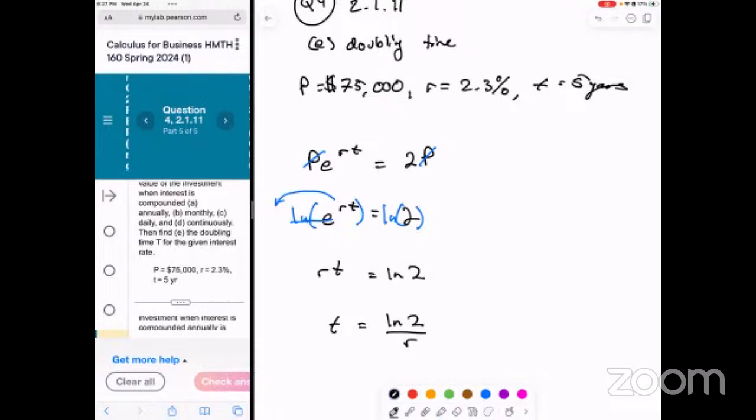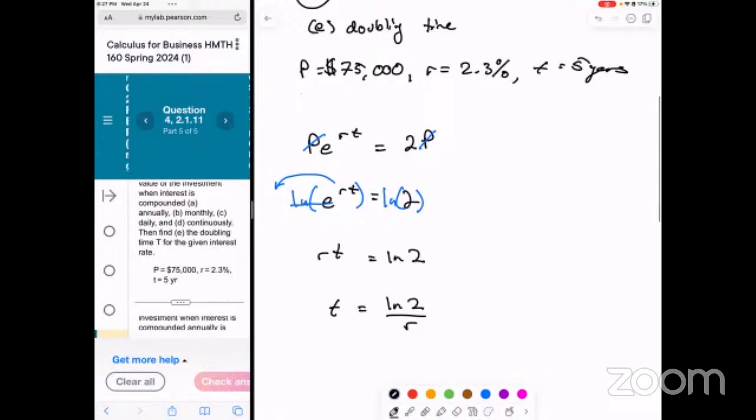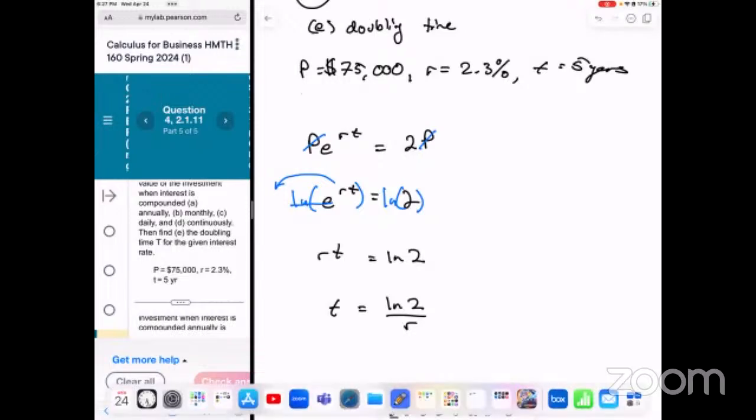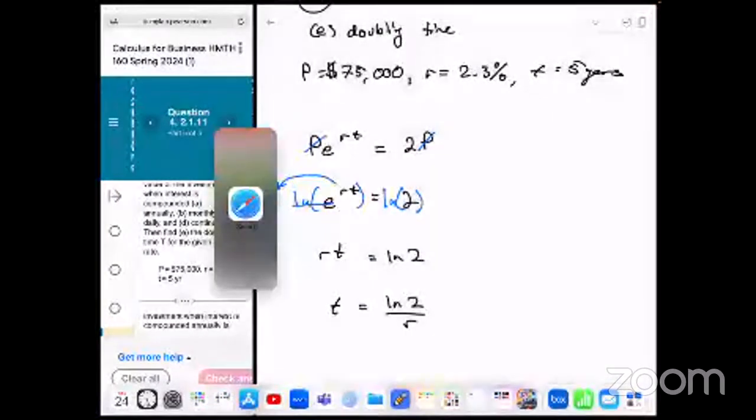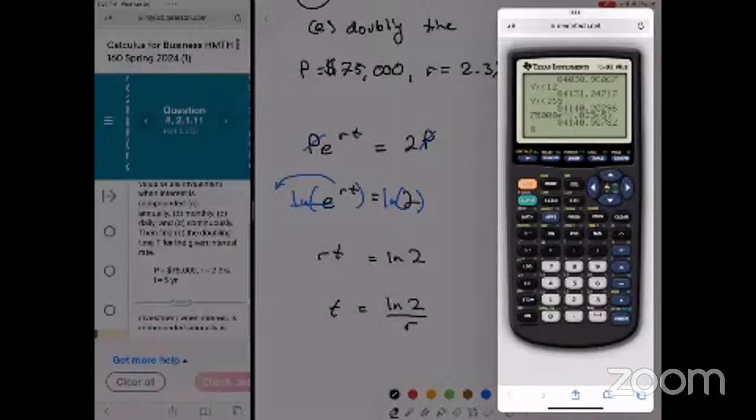Okay. So, like that, perfect. Right, okay. So then we'll just do the natural log of 2 divided by 0.023. Okay. So let me see how many decimal places they want.